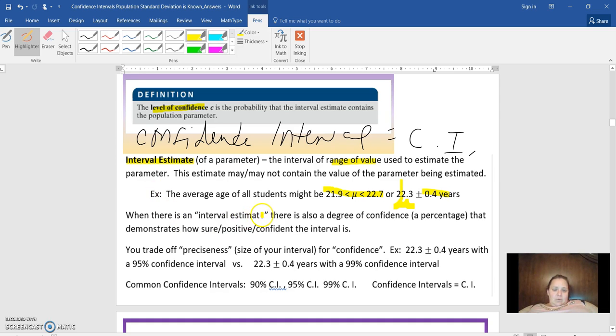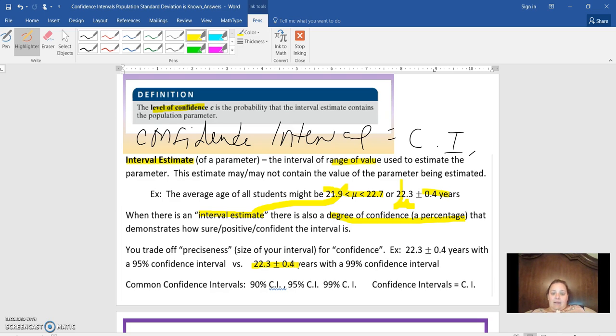is the mean, the mu, and you could say it's 22.3, give or take 0.4 years. When you have an interval estimate like that, you also have what's called a degree of confidence, or your confidence interval, or your level of confidence. So you might say the average age is 22.3, give or take 0.4 years, and I'm 99% confident in this.